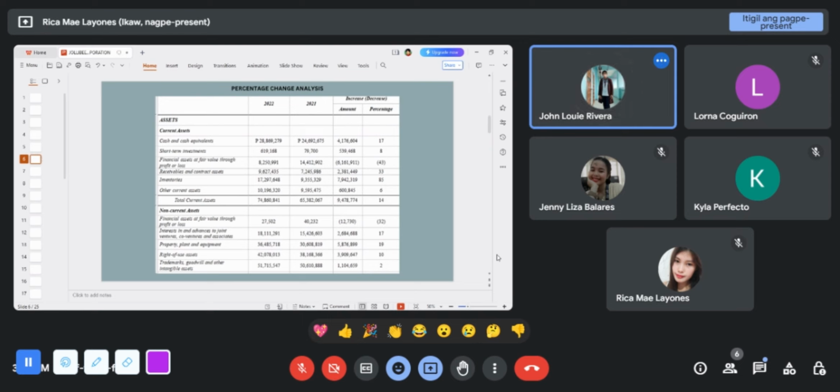Receivable and contract assets, amount is 2,381,449, increased by 33. Inventories, amount is 7,942,319, increased by 85. Other current assets, the amount is 600,845, increased by 6.